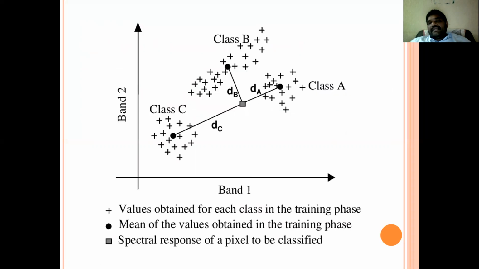Now we'll see here. Let us consider the image that is stored in two bands, band 1 and band 2.